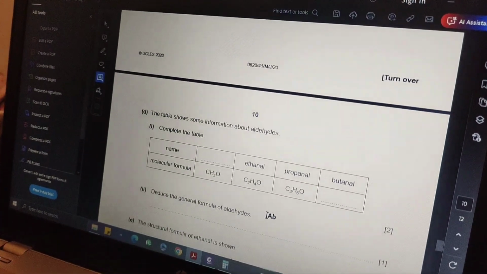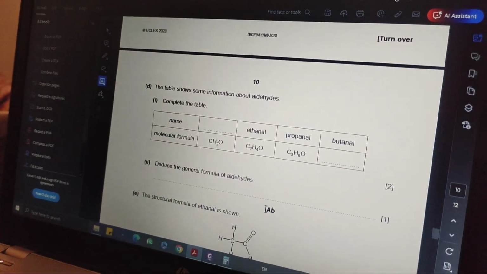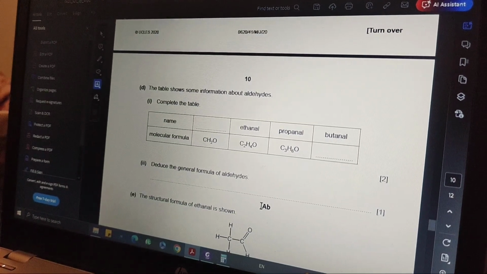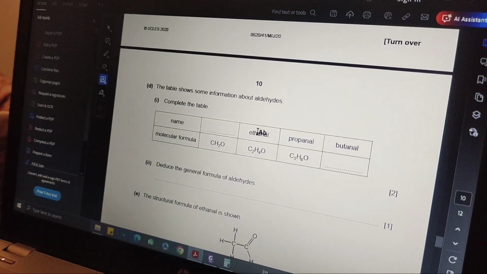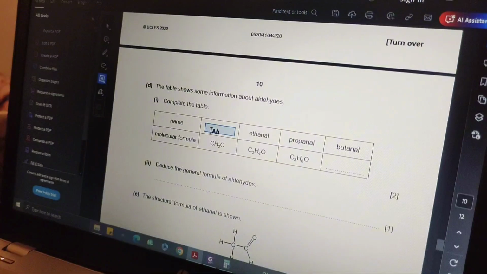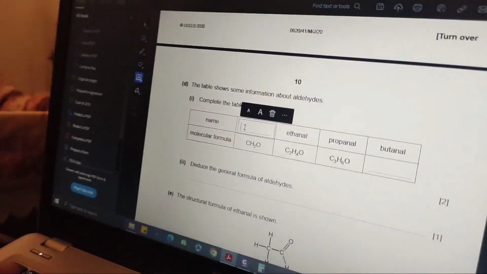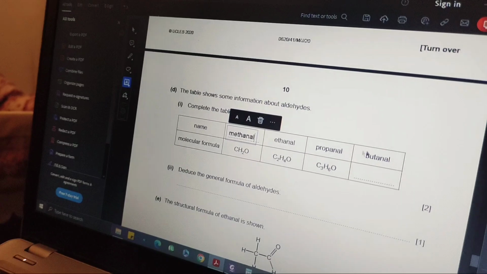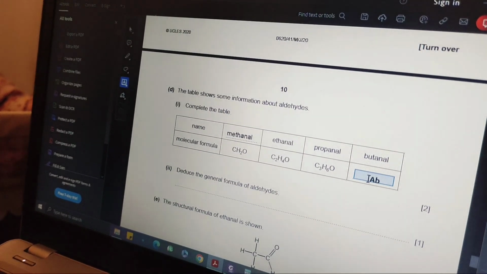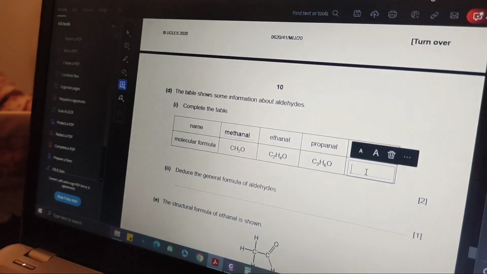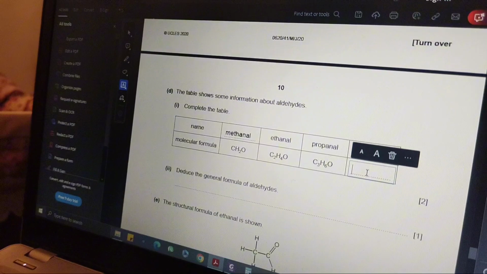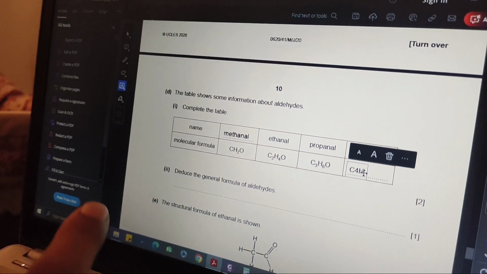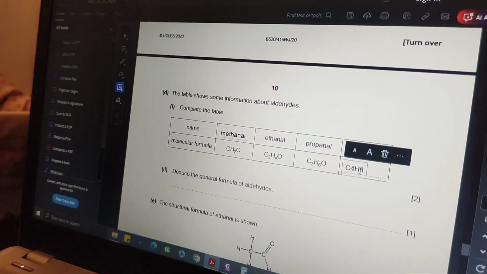Then the table shows some information about the aldehydes. Complete the name. Following this sequence, it is a single carbon, so here it will be methanal, ethanal, propanal, butanal, and butanal will be C4H8O.